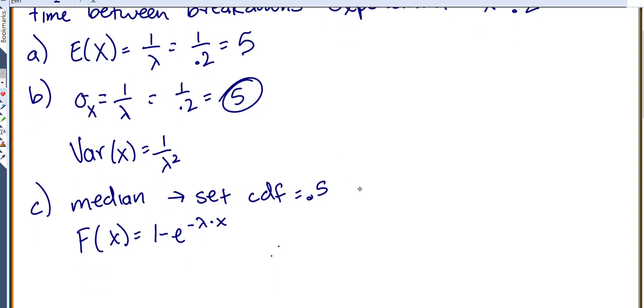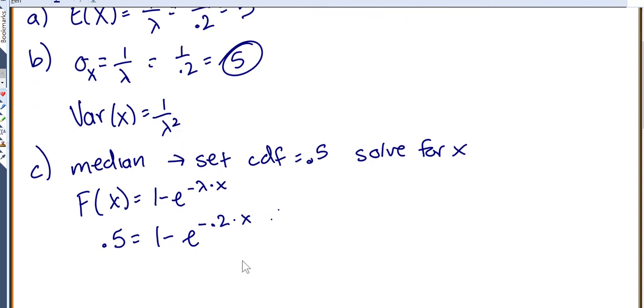Okay, so we set the CDF equal to 0.5 and solve for x. So in our case, this will be 0.5 equals 1 minus e to the negative 0.2 times x. And we have to solve for x.